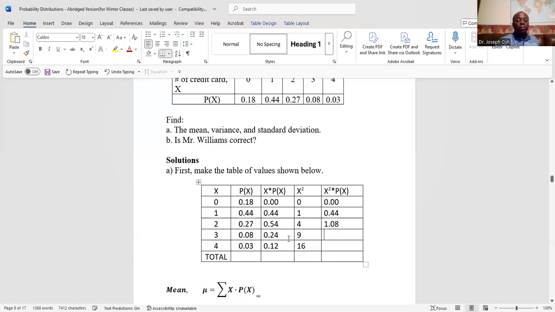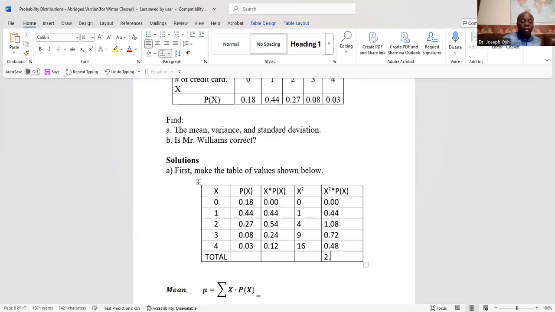And then 9 times 0.08, I got 0.72. Then 16 times 0.03, I got 0.48. So if I add all of these, you're going to get 2.72.